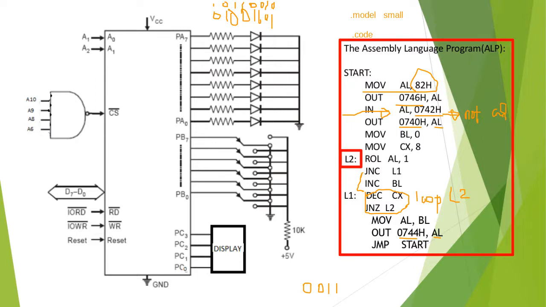So this is the way. But why do we send the number in BL to AL? Because all the ports, the input output system, must be done through the accumulator AL. And then jump to start again, continuing the process again and again like that. Is it okay?